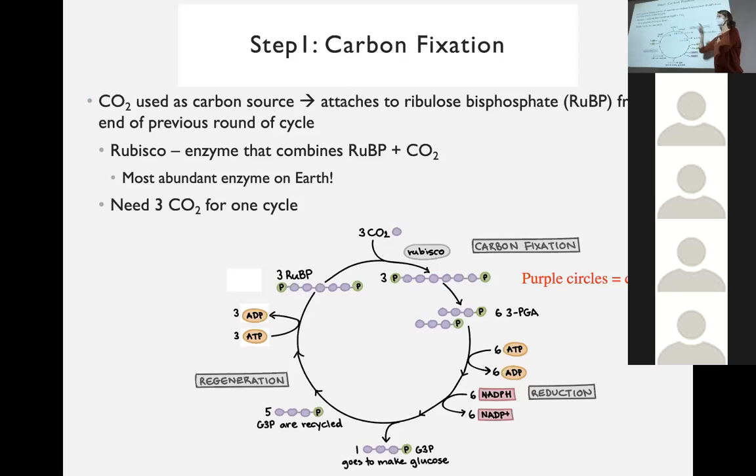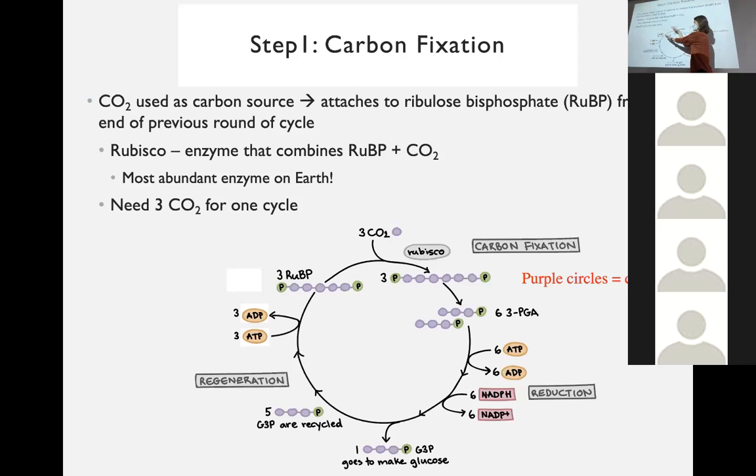That is done through a really important enzyme. We haven't really talked about any other enzymes. This is the only enzyme that I want you to know the name of, and it's called rubisco. It is the most abundant enzyme on Earth because plants need a lot of this to make this process happen. And there's a lot of plants on Earth. A huge volume of photosynthesis is happening. So you have rubisco basically gluing these 2 together.